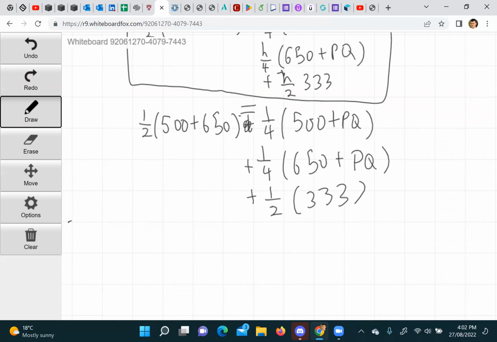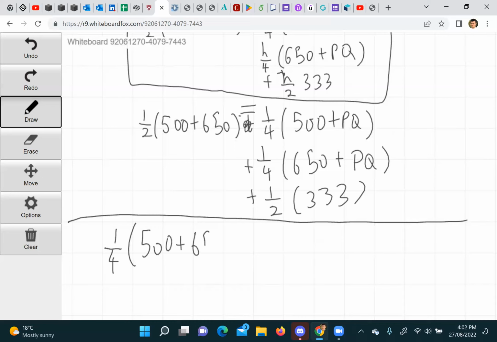I don't know, what do people do? Maybe you can try to finish this off yourselves. But for some reason, I'm tempted to do stupid stuff like this, like quarter 500 plus 650, and I cancel out these two things. So I get half PQ plus half 333.